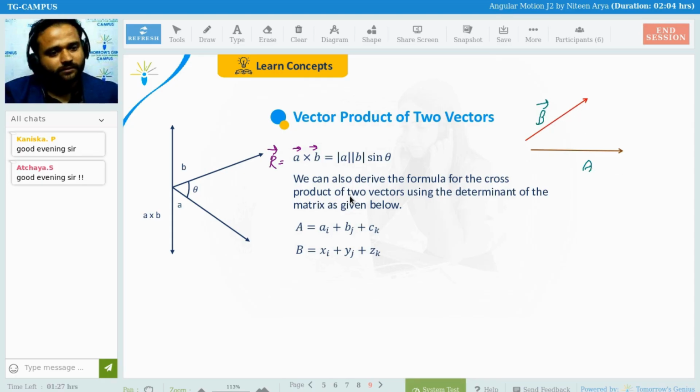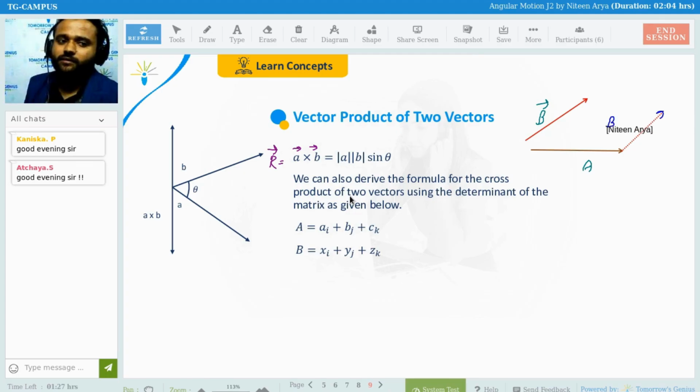Clear? I can rearrange this and make the vector in this way. It's my choice; I can shift a vector without changing its direction or magnitude. Now you can think the A vector is going to be reversed in the direction of yours.